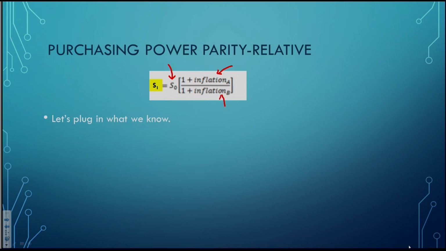I've given you inflation for country B. So again, all we have to do is plug it in. So S1 equals 33. Remember, that's 33 baht per $1. Our numerator is 1 plus 0.05. Remember, that's inflation for Thailand.